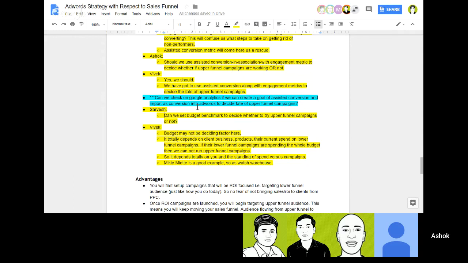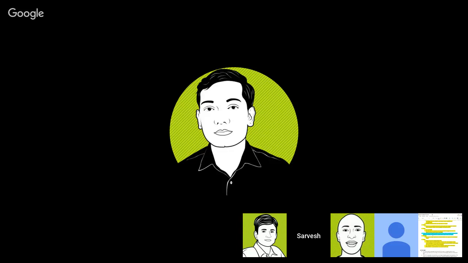Unless we have a $20,000 budget for Watch Warehouse, we cannot think about upper funnel. So the main point is that performance and budget both matter.